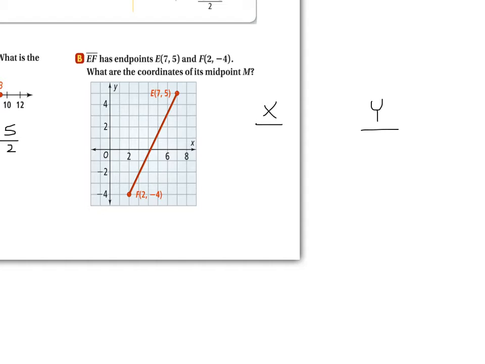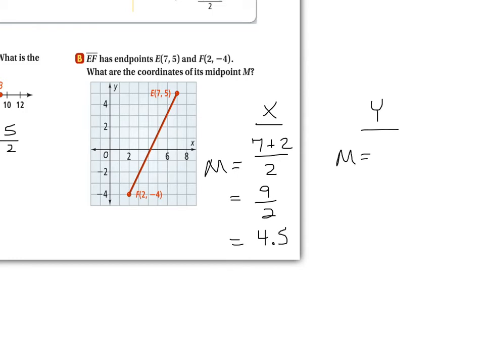So, in this case, I know that the midpoint is equal to, I'm going to take the x values, 7 and 2, add them together, divided by 2. Well, when I do this, I get 9 divided by 2, and 9 divided by 2 is 4.5.